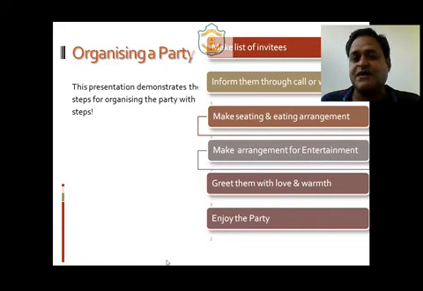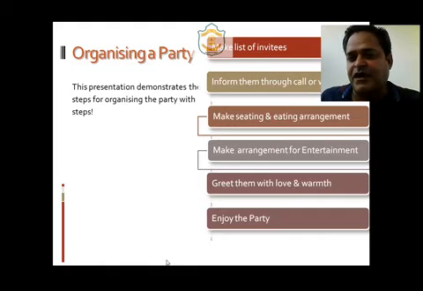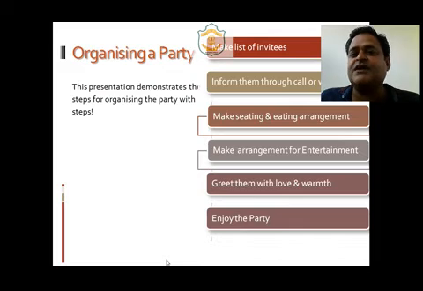You must prepare a list, as you might have seen in your families. Whenever they organize a party or marriage function or any other function, everyone generally prepares a list of invitees and then informs them. As in marriages, you might have seen invitation cards are sent. But here, as we are not specific about what kind of party, it is a general home get-together or gathering, a party. So in this, our first step is make a list of invitees.